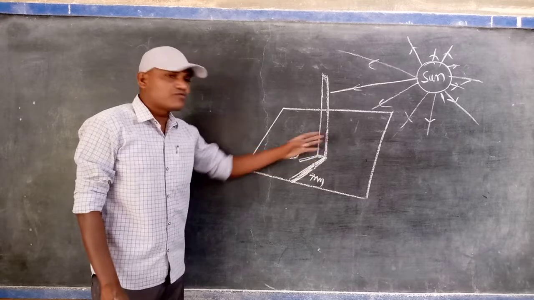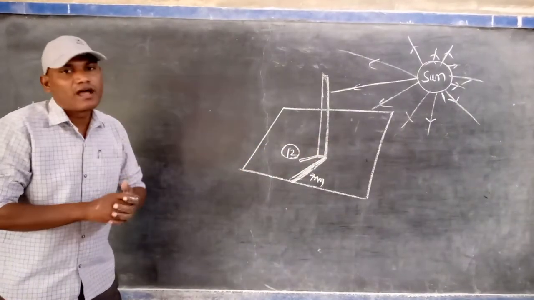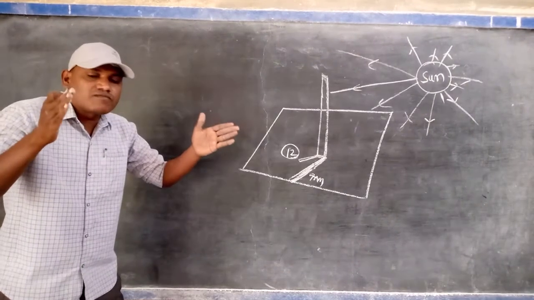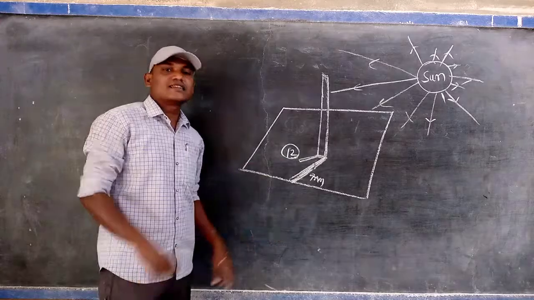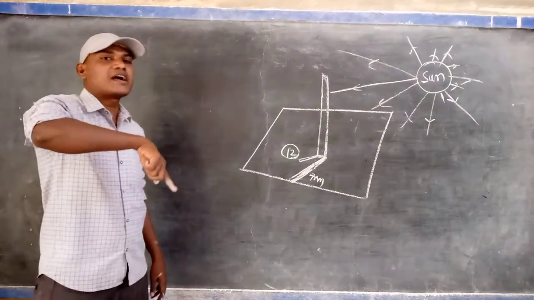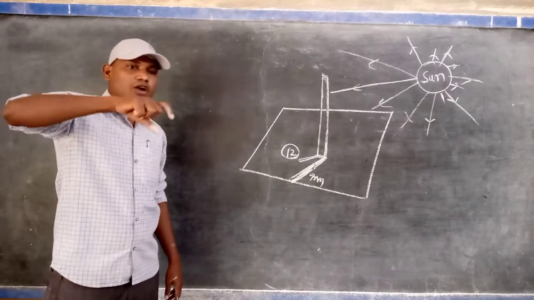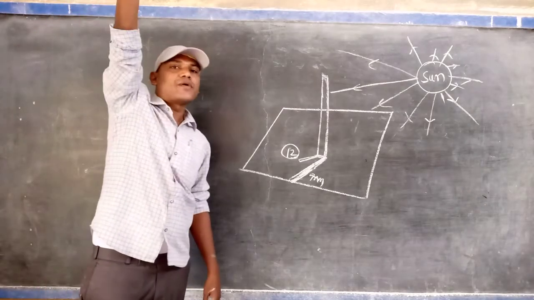So from 9 a.m. to 4 p.m., at what time is the length of the shadow very small when compared to the others? That time is called local noon time, because the length of the shadow is short only when the sun is exactly over our head.